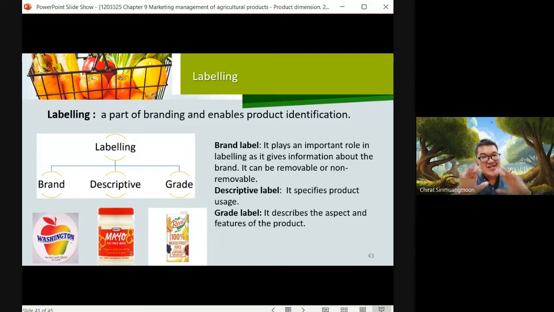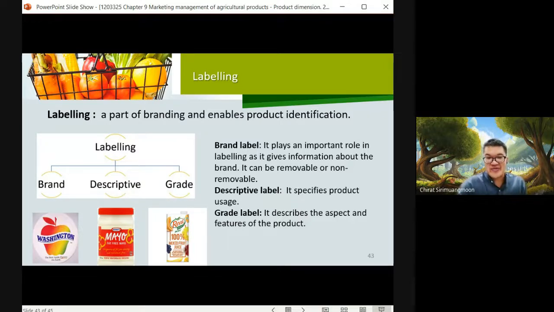So again, the label is part of the brand. We use it for making something special. So think about it this way: when you have a product and it has the label, you know what this is. So label and brand are sometimes linked very closely.